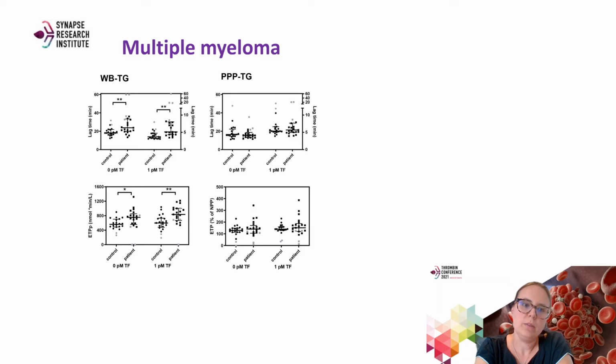As you can see, in whole blood, we saw that the lag time of thrombin generation was increased in patients, so there was a delay in the start of thrombin generation. But we also saw that the ETP was increased in patients compared to controls, so the amount of thrombin that's formed was also increased. Whereas when we look in platelet pool plasma, we did not observe a difference between our control group and the patients.